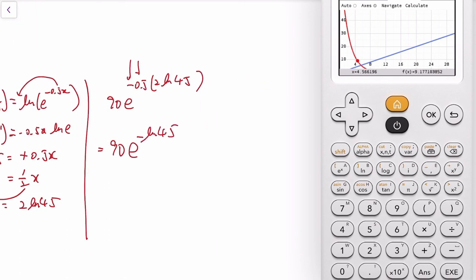Well, here to get this value, you need to use the rule e to the power of ln x is just x. It's kind of in the formula booklet, but if you've never seen this before, you probably don't know that you should look. Now, the idea is e and ln are inverse functions of each other, so they cancel each other out. So they cancel out to be x.